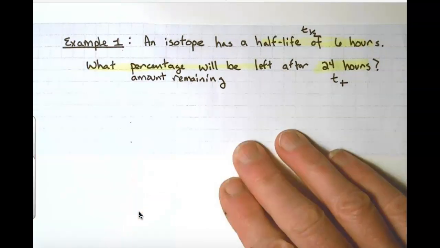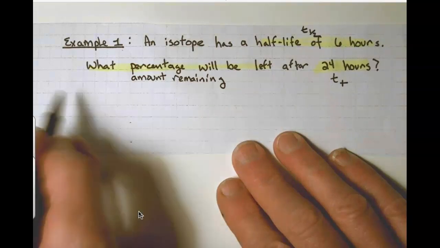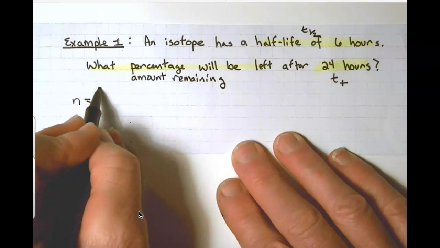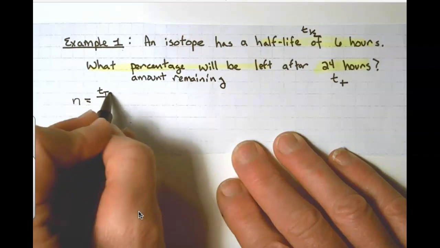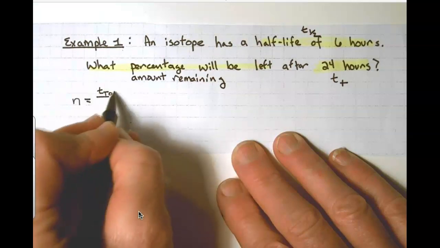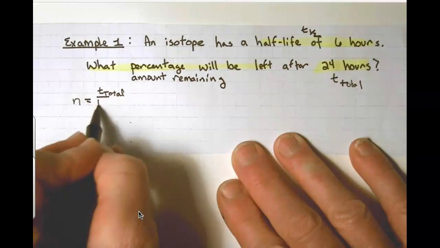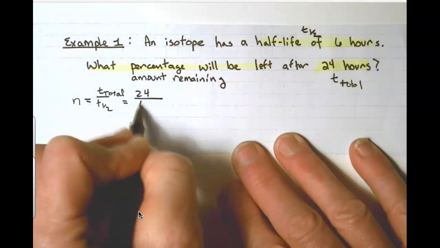Actually, I always figure out how many half-lives passed first, if I can. The number of half-lives, n, is the total time, T total, divided by T1 half. I have 24 hours divided by 6 hours.